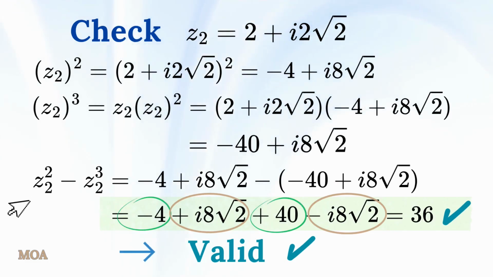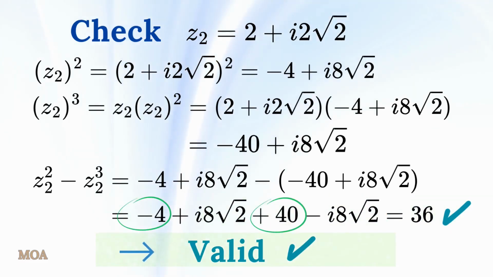Since the complex terms cancel out, this yields negative 4 plus 40, namely 36. So the second root is also a valid solution.